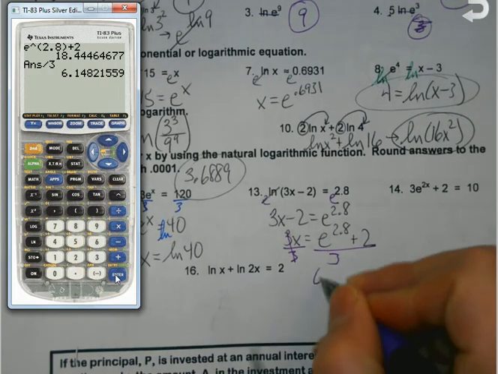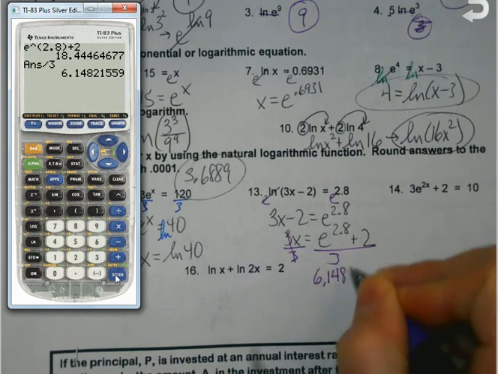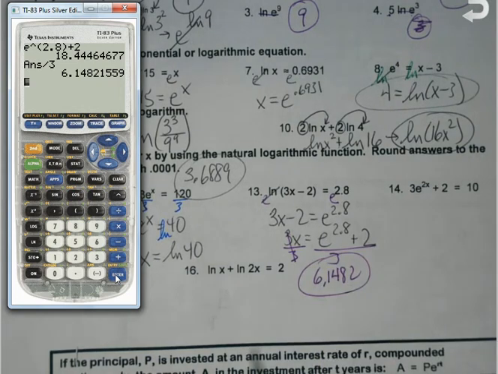Because what's going to happen if you type it all in one big line? Let's see. 2.8, this will be the one time, plus 2 divided by 3. What happened? It did the exponent first, e to the 2.8, but it didn't do the plus 2. It did 2 divided by 3 then and added that in. So no, bad. Don't want that.